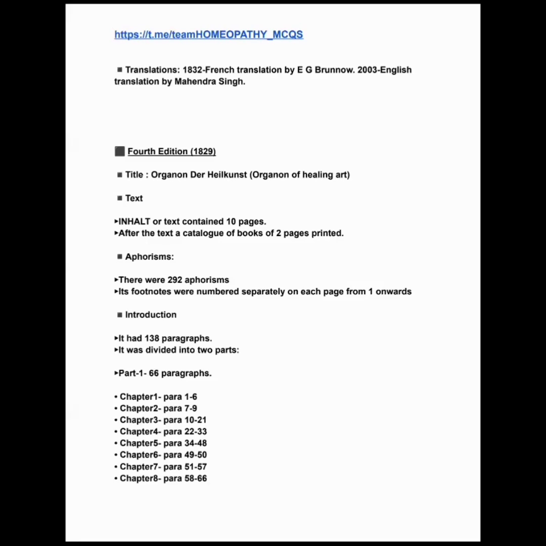Chapter 4, para 22 to 33. Chapter 5, from para 34 to 48. Chapter 6, from para 49 to 50. Chapter 7, from para 51 to 57. And chapter 8, from para 58 to 66.